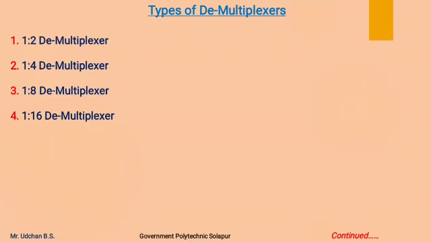These are the types of demultiplexers: 1 is to 2 demultiplexer, 1 is to 4, 1 is to 8, and 1 is to 16 demultiplexer.